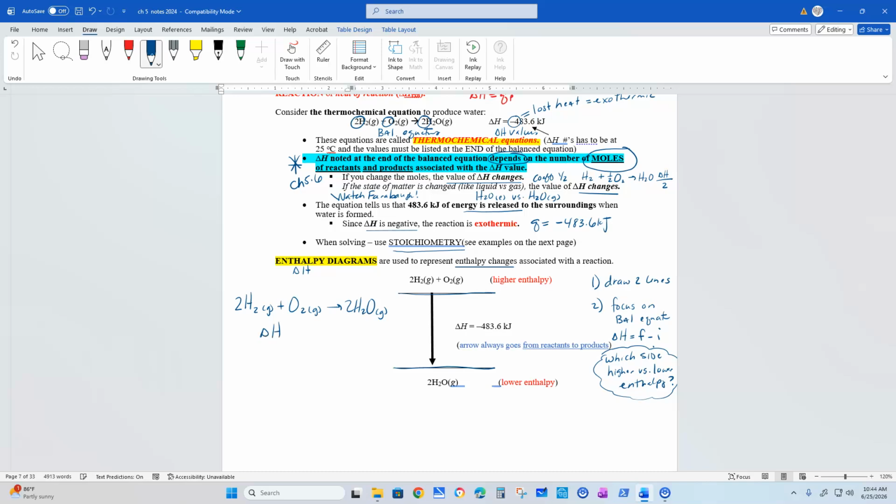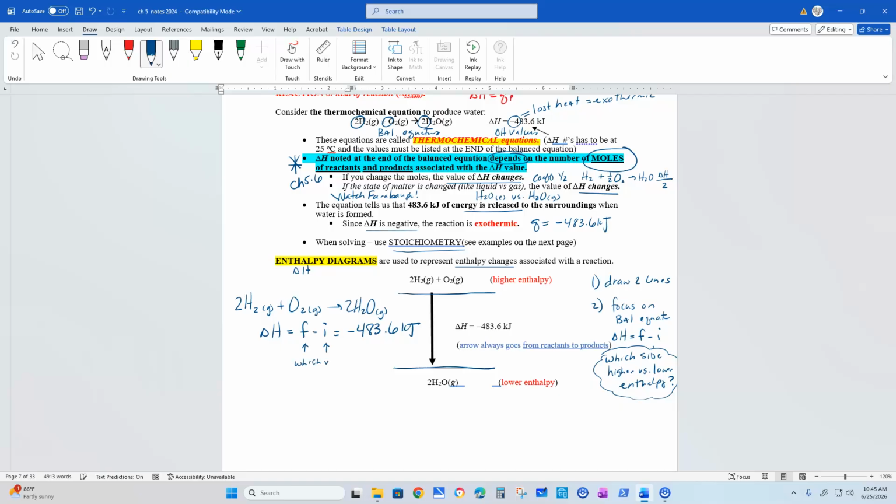If delta H is final minus initial, because it's the change in enthalpy, and all I know is that this answer was negative 483.6. If my answer was negative, one of these two values had to be bigger.